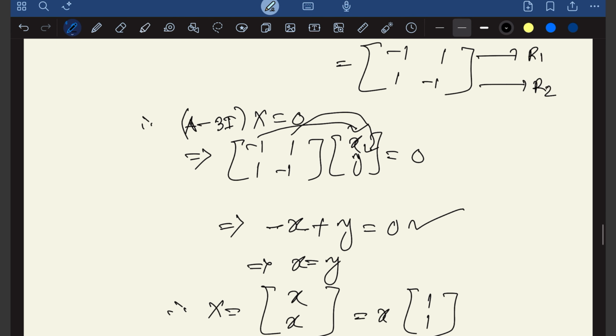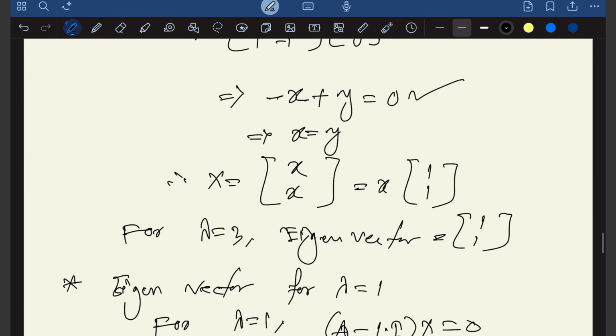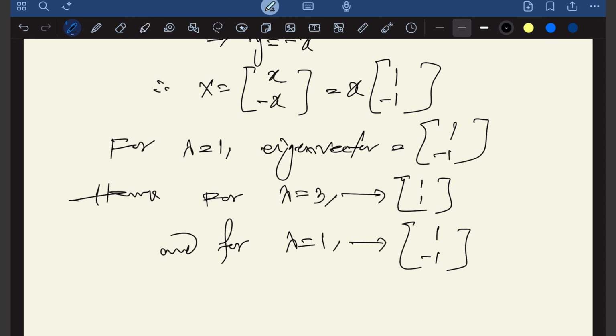Am I correct? For lambda equal to 3, we got the eigenvector 1 1, and for lambda equal to 1, we got the eigenvector 1 minus 1. Okay, thank you.